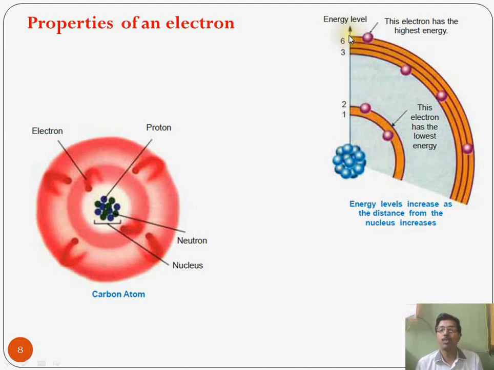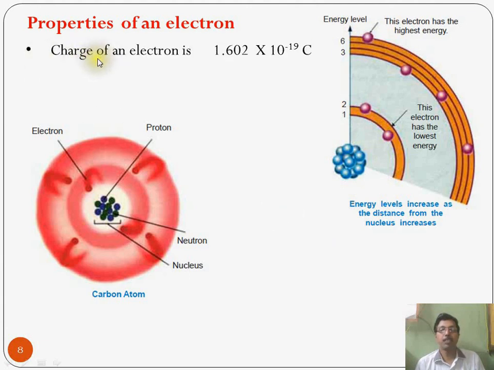When we move on to the outermost orbit, the electrons there gain the highest energy as they move away from the nucleus. That is, the energy level increases as the distance from the nucleus increases.